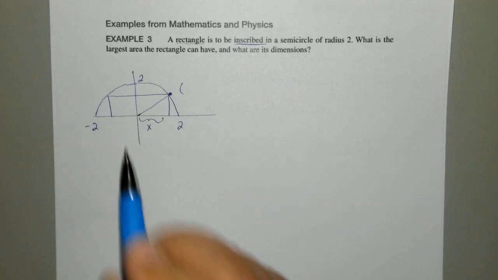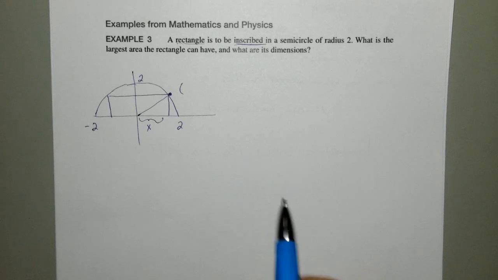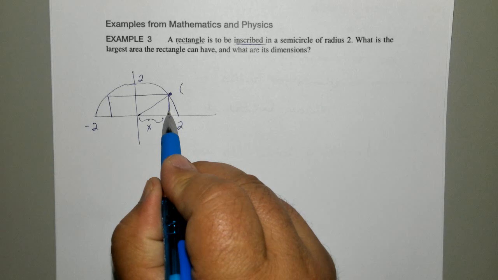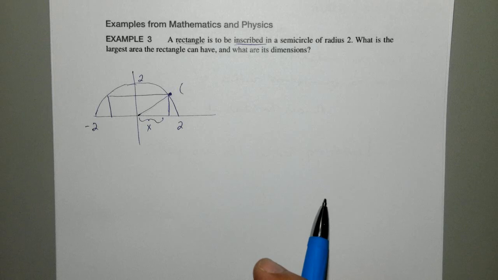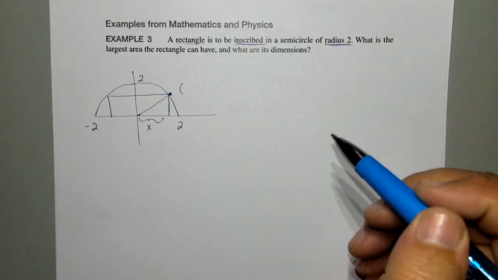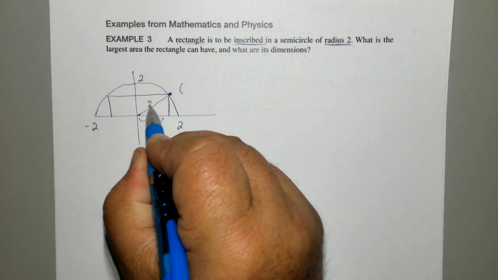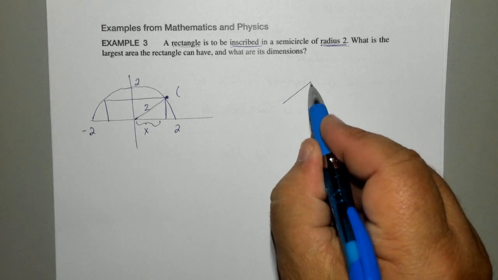The length of this box has to be x units wide. Do we know how high it is? Or do we know how far it is from the center? Radius 2. So the hypotenuse is the radius. So we have a triangle that looks like this.